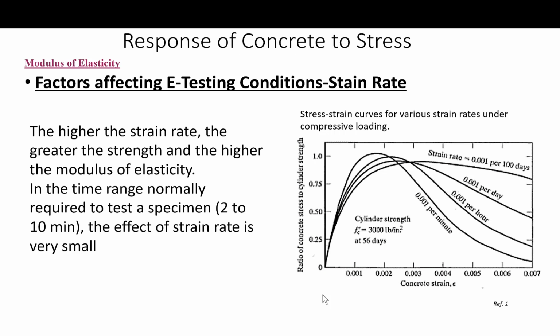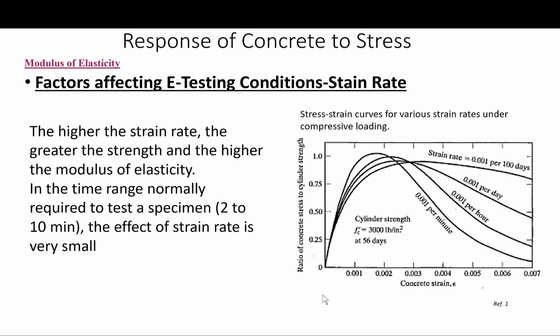However, it may be a more appropriate value when the concrete is to be used in structures that will be subjected to dynamic loadings, as is the case in earthquake or impact loading. Also, the shear modulus, which basically governs behavior under shear stress, is not easily determined from direct stress-strain measurements.